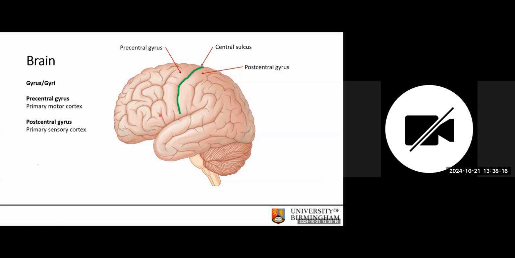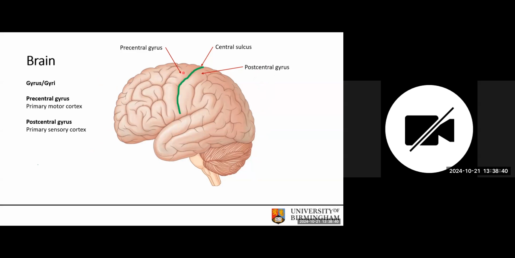I try to remember everything that is located more ventrally or anterior as motor, and everything that is located posteriorly, like the dorsal root ganglion, for example, as sensory. That's the way I remember.